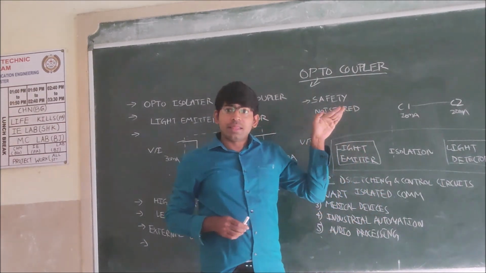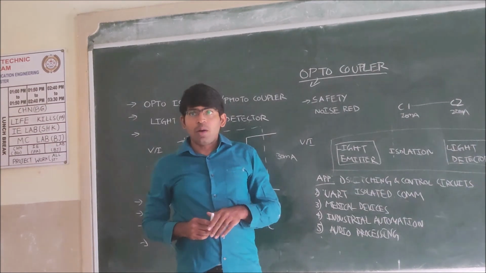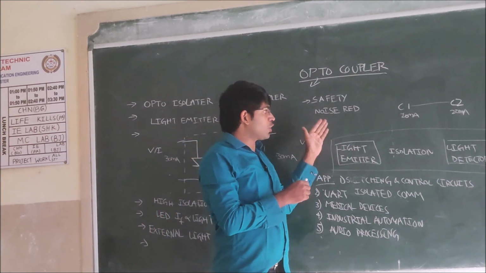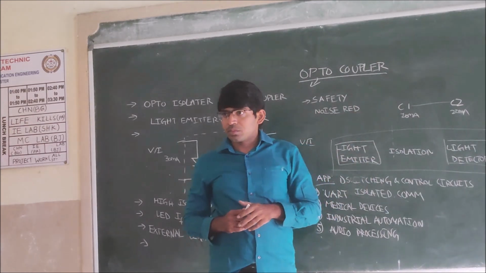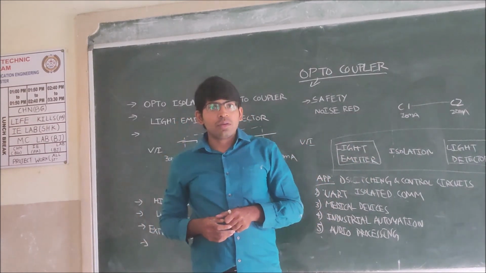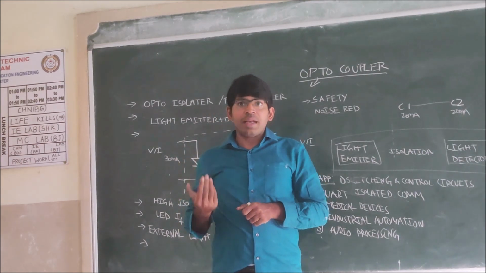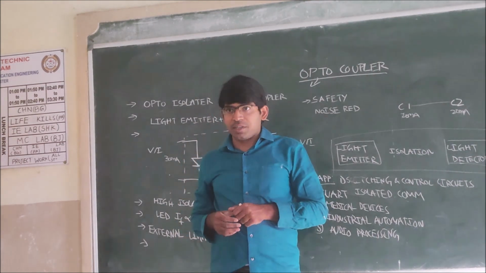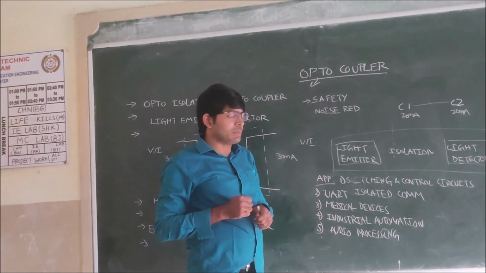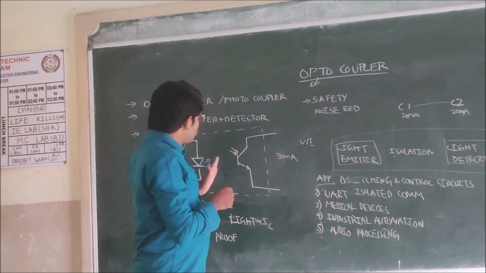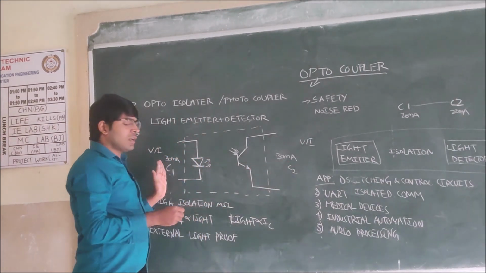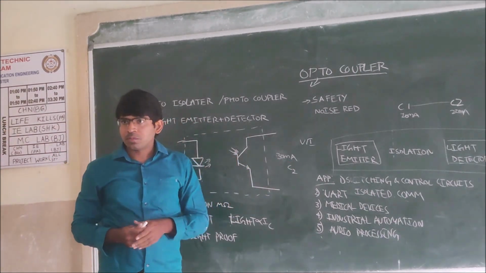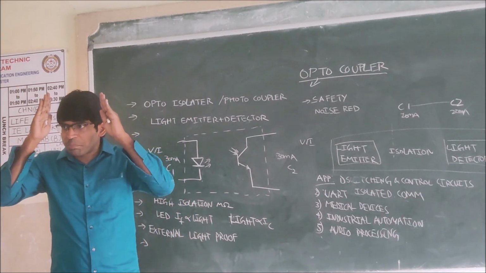And there is a possibility that whatever current we give in circuit 1 might not reach circuit 2 because of extra stray inductance and stray capacitance effects. We already discussed them. So I want to give the electrical voltage or current of circuit 1 to circuit 2, but I should isolate them electrically.